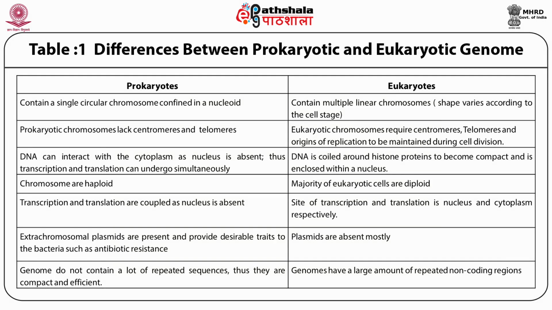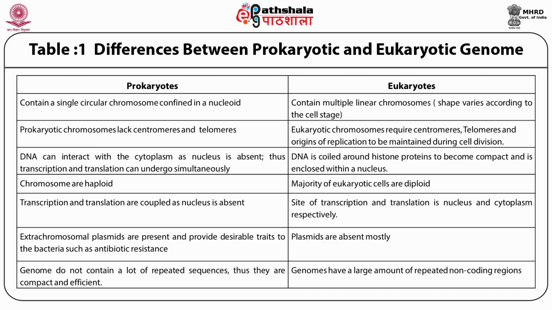Differences between the prokaryotic and eukaryotic genome. Prokaryotes contain a single circular chromosome confined in a nucleoid. Eukaryotes contain multiple linear chromosomes and the shape varies according to the cell stage. Prokaryotic chromosomes lack centromeres and telomeres.